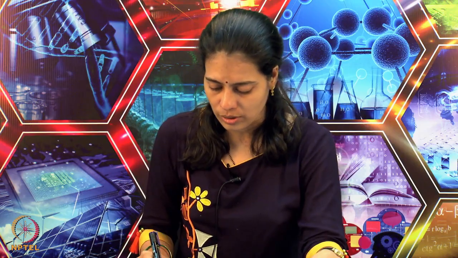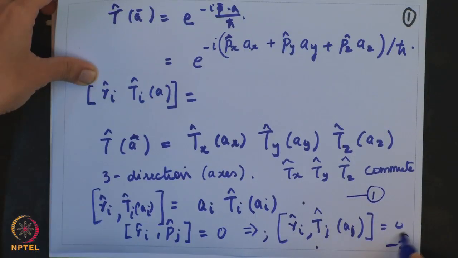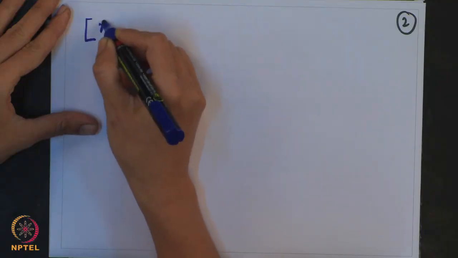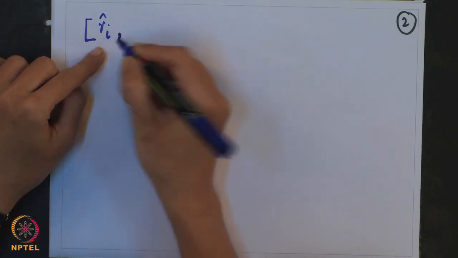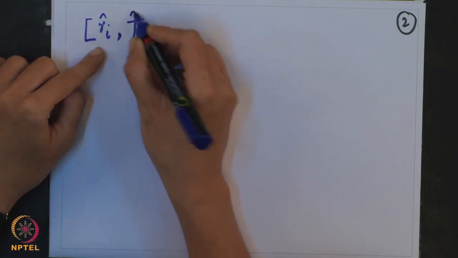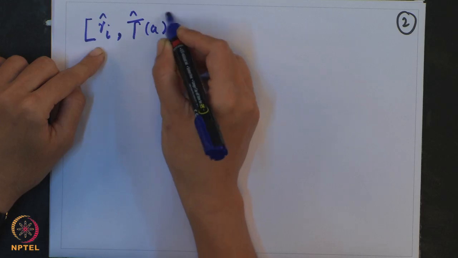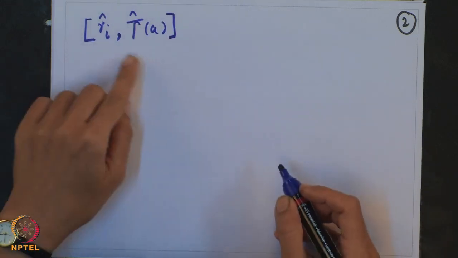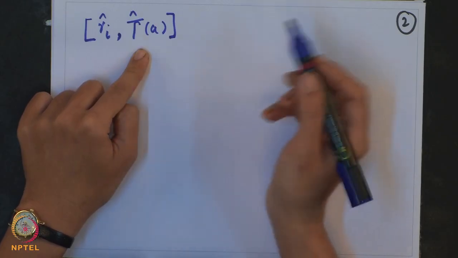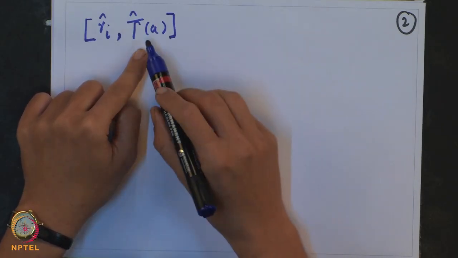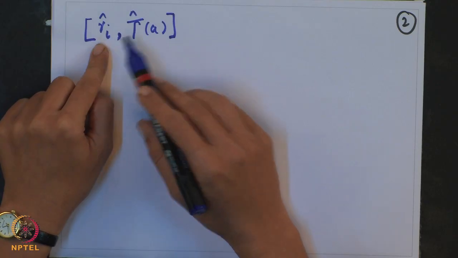Using equations 1 and 2, what we obtain is [R_i, T(A)], where T(A) can be written as T_x, T_y, T_z, and R_i will commute only with T_i.